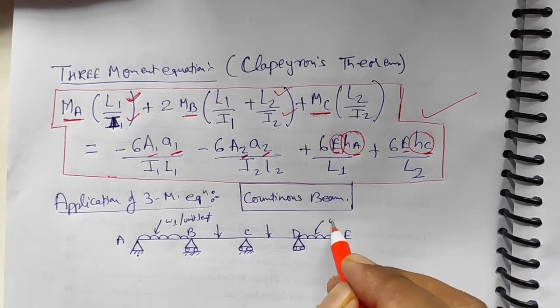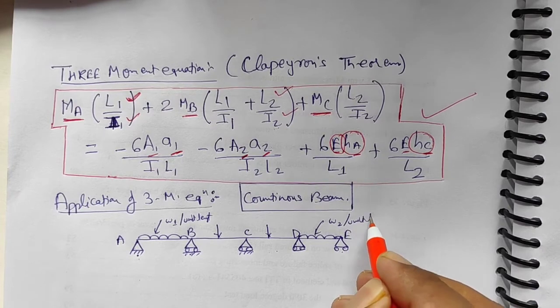Similarly, this is also W2 per unit length.